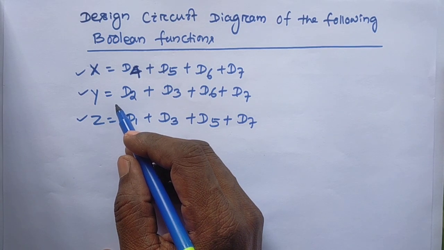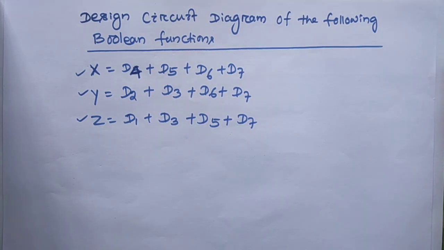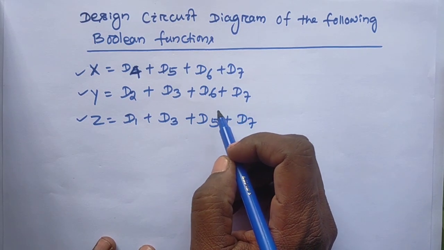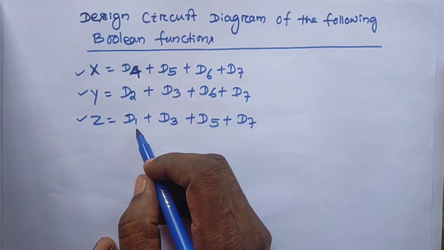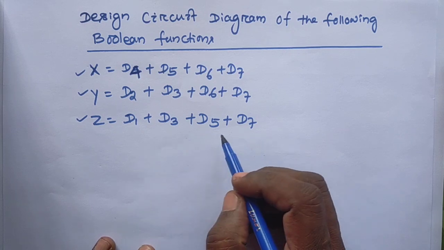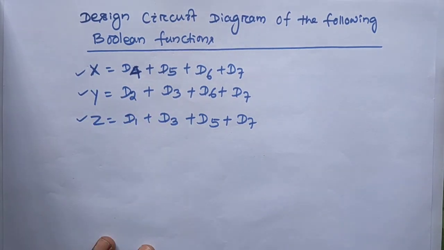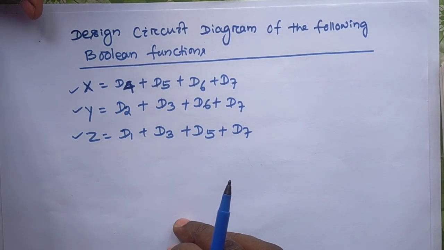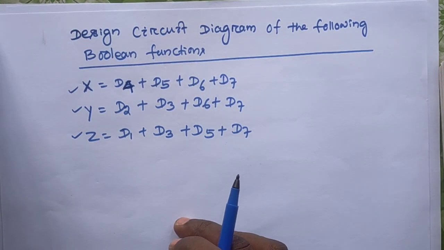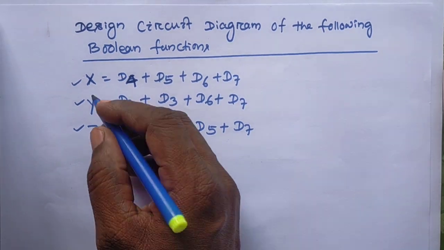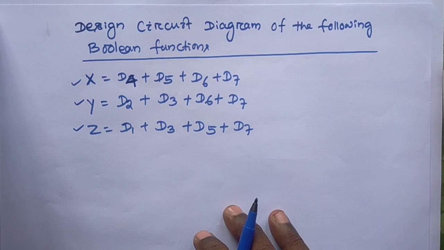Y output can be got from D2, D3, D6, D7. Z output can be got from D1, D3, D5, D7. Okay, these are the inputs, and X, Y, Z are the outputs.